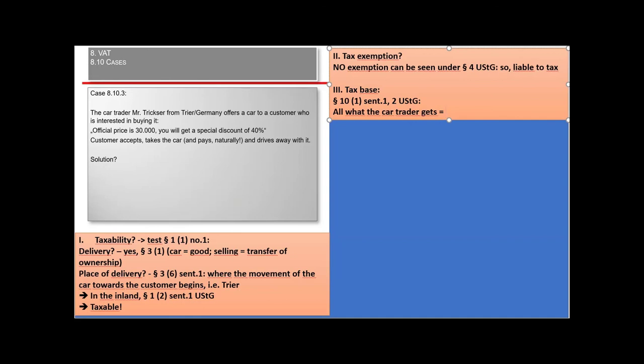That is the gross amount. And all what the car trader gets is 30,000 minus 40% of 30,000. So it's 18,000 only. That's the gross amount, because the legal formula does not talk about what official price is made, what should be paid or so, but all what he really gets. And that's only 18,000.